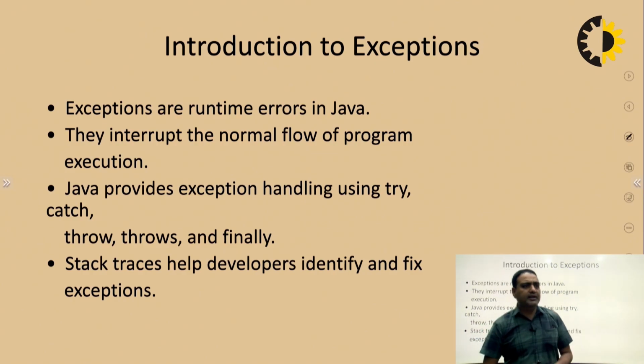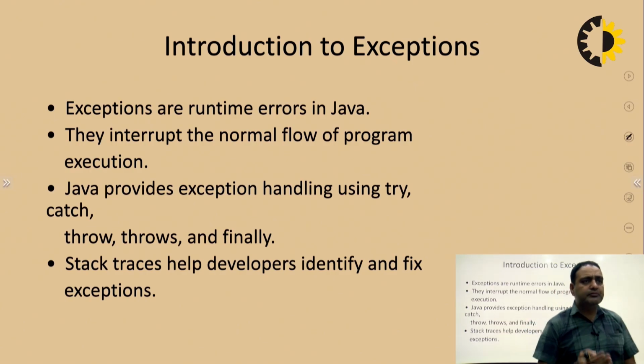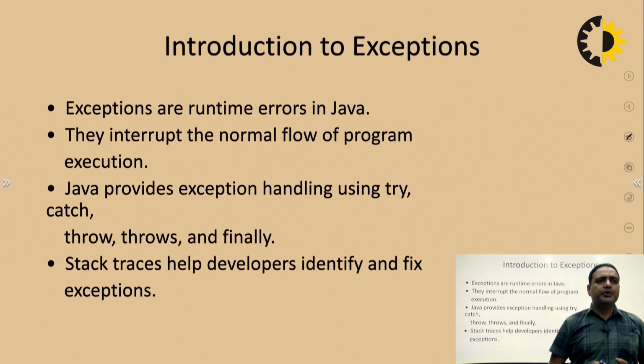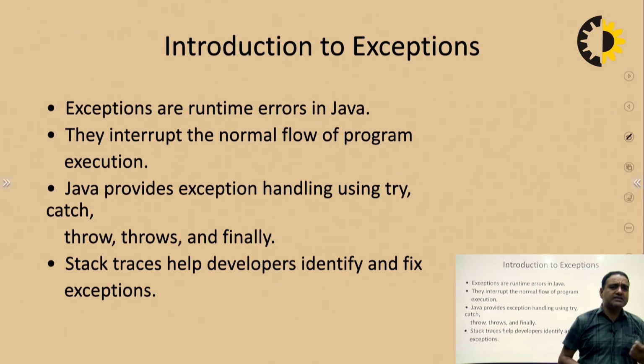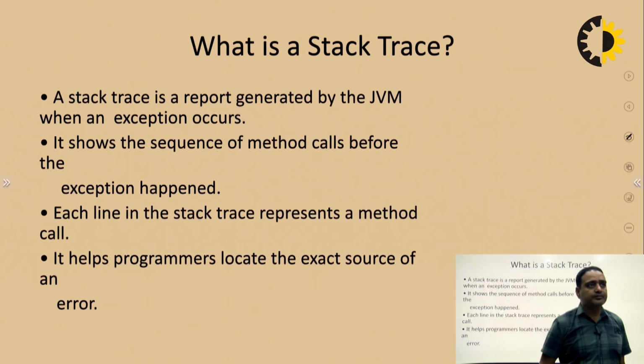That is, the file name, class name, method name, exception name, line number. That is a detailed overview. You can get the information of the exception which occurred at runtime through the stack trace. The stack trace is a mechanism, a method by which you can identify and get the information of the exceptions which occurred at runtime.